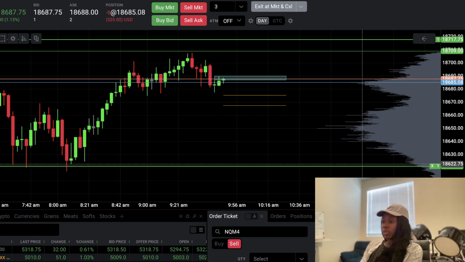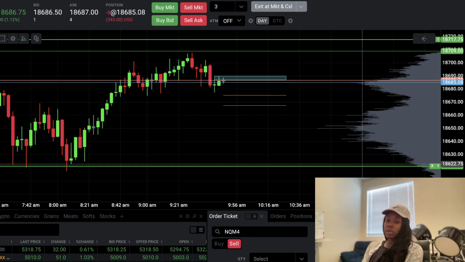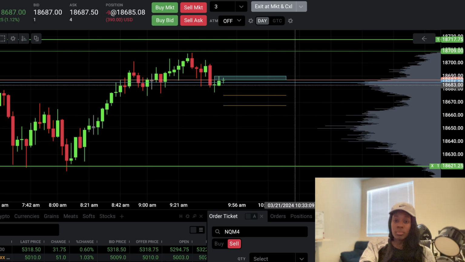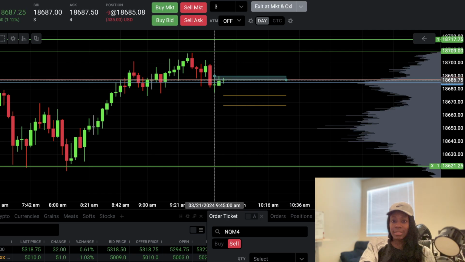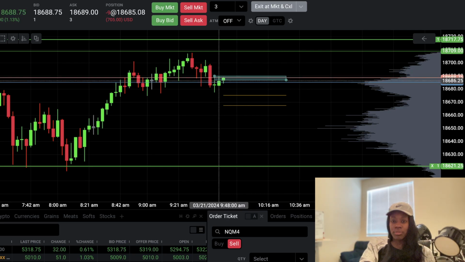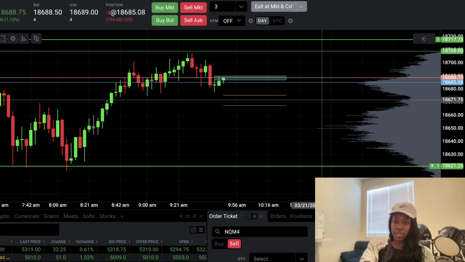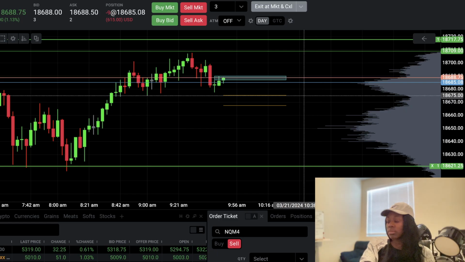Obviously the best fair value gaps are the ones that get pulled back into and then reject back in the direction it was going really fast. And the ones that stay inside of the actual fair value gap, honestly, that's rare. I don't know the exact statistics, but I would say maybe somewhere around 50-50.